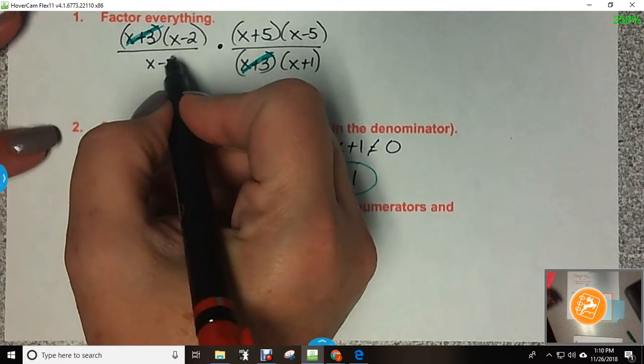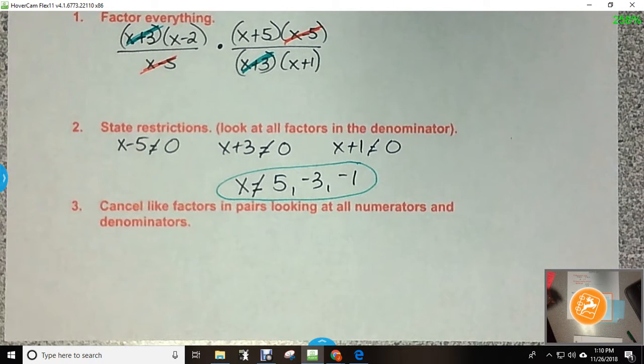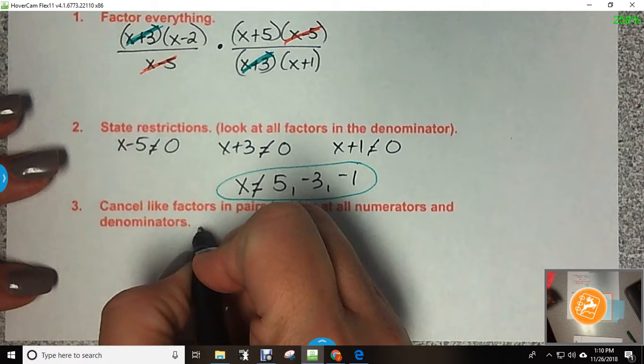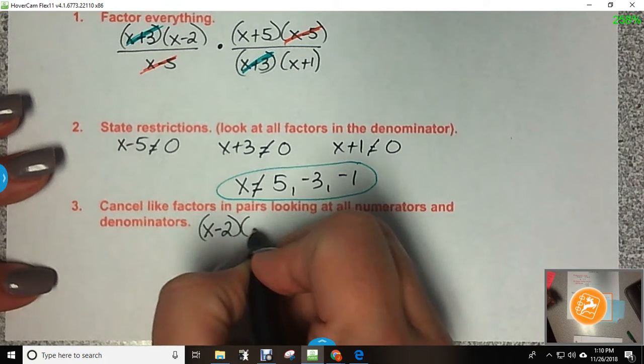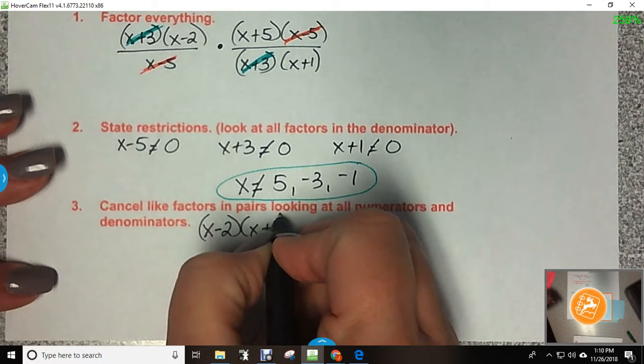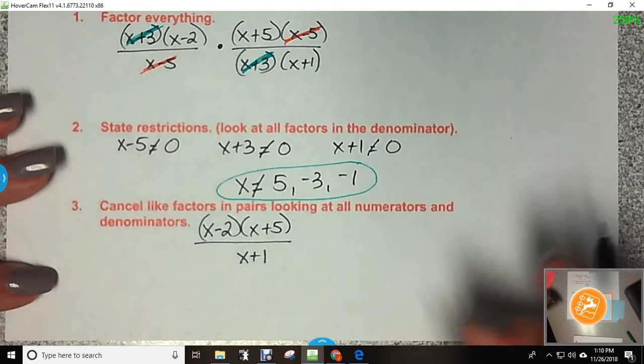Then I have an x minus 5 and another x minus 5 that will cancel. Do I have anything else that's the same? No. So now I want to go ahead and multiply. So on the top, I'm going to have x minus 2 times x plus 5 over x plus 1.